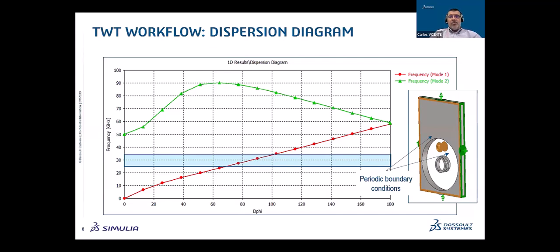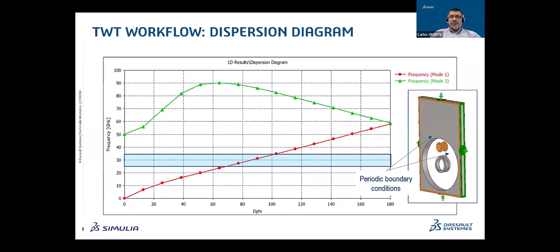So basically, to do that, you take one period of the SWS, as you can see here on the right. Okay, and this is limited by 2 periodic boundary conditions. Then the phase shift of the electromagnetic wave between the 2 periodic boundary conditions can be parameterized. The plot shown here corresponds to the frequency variation of the first 2 modes established in the SWS versus the phase shift.